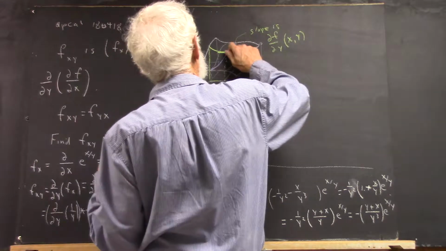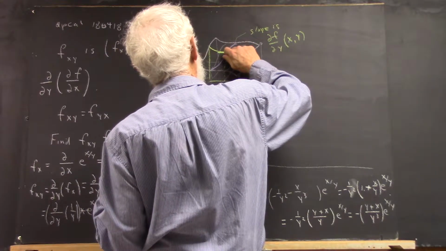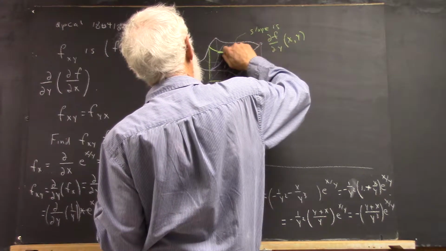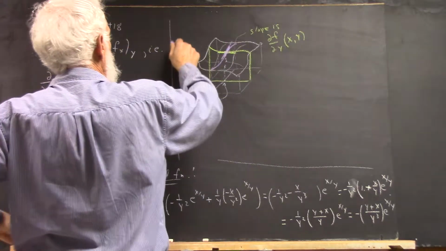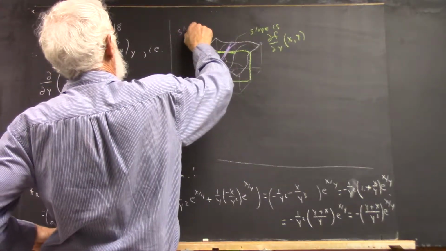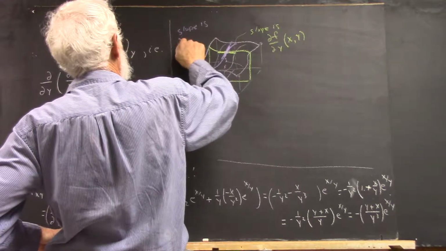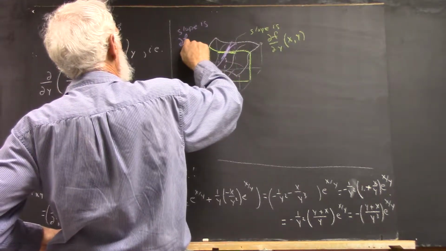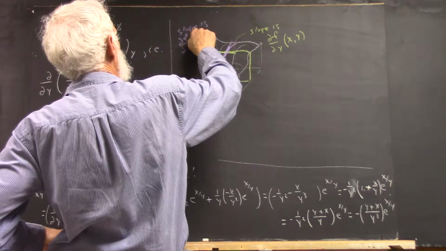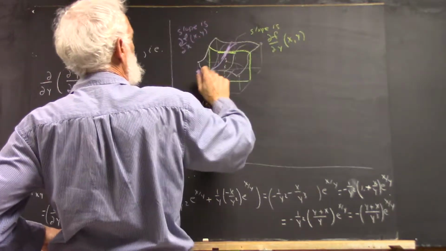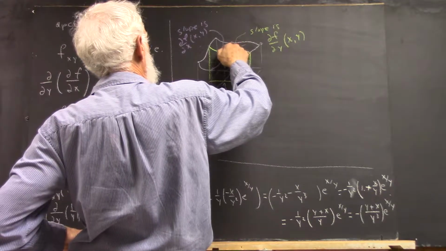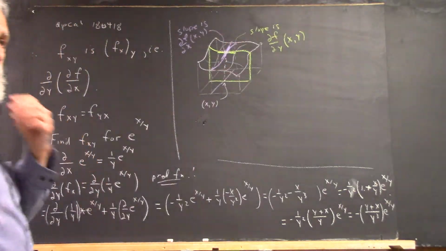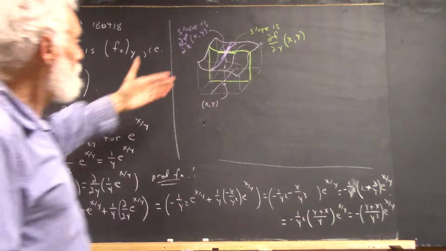So we have, make it a little longer, the partial with respect to x evaluated at xy. Okay? So there we have a picture.